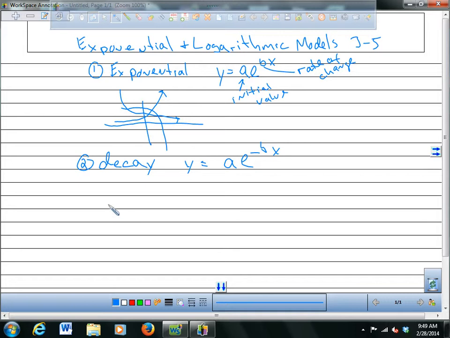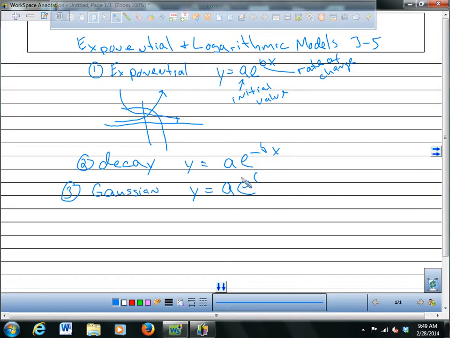And then they have something called Gaussian. I don't think we're going to have a homework problem on it, but it is an exponential model, and it's how you get your bell curves and stuff. If you took stats, they would probably talk more about the Gaussian model.